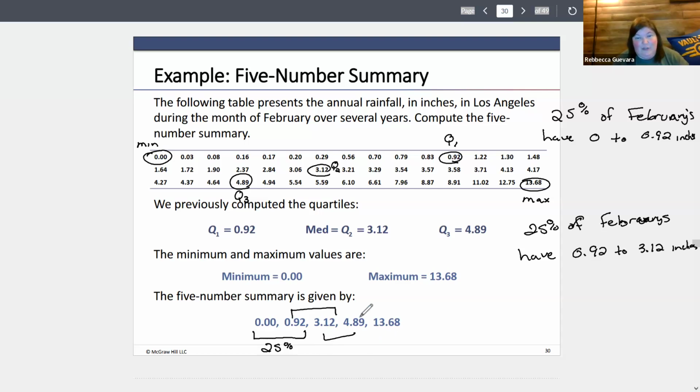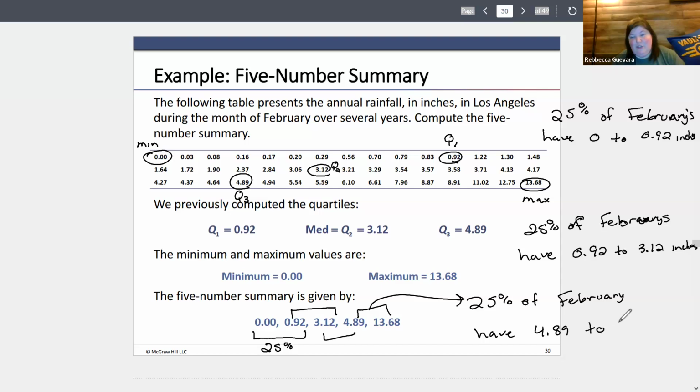And this one at the end is another 25%. That's telling me the maximum 25% of Februarys have 4.89 to 13.68 inches of rain. I thought it was up to 16, but I guess I was wrong.